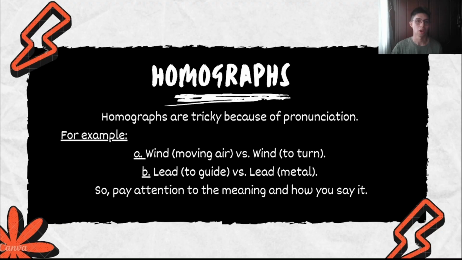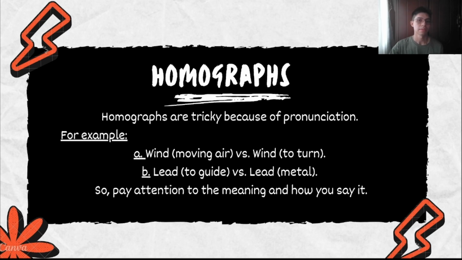Then we have homographs. In this case, words that look the same have different meanings and sometimes even different pronunciation. For example, lead, like I said before, lead to guide versus lead the metal. Or maybe wind of air and wind to turn.